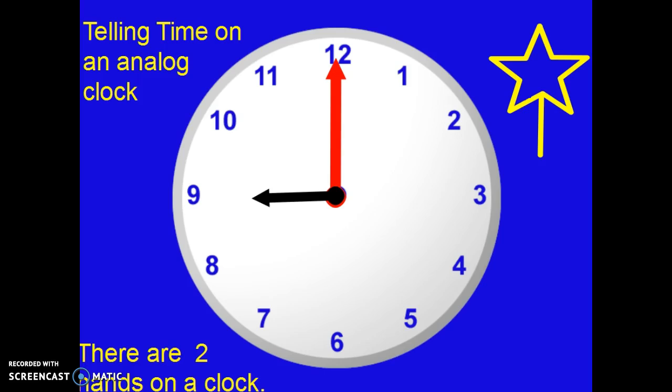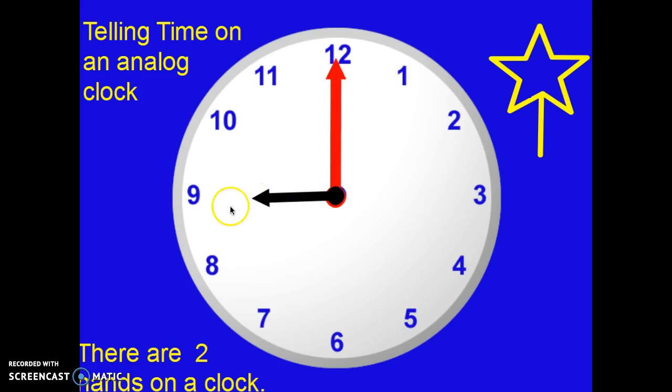Now, each one of those hands has a special job, and they have a special name for each of those jobs. This shorter hand also has a shorter name. It points to a certain kind of number. And this longer hand has the longer name, and it points to a different way to read the number.